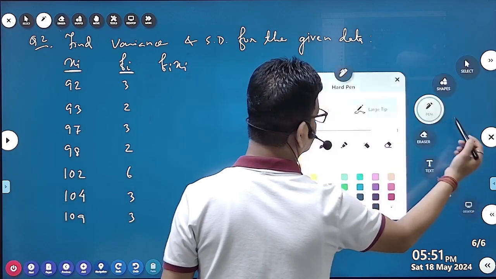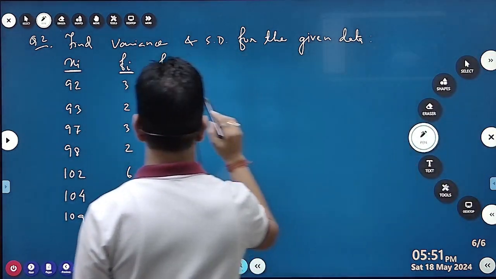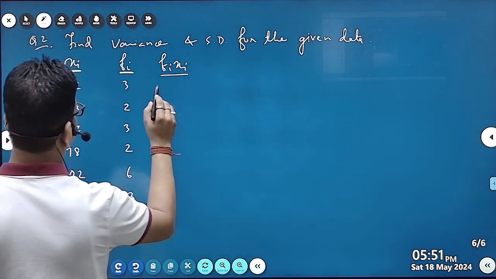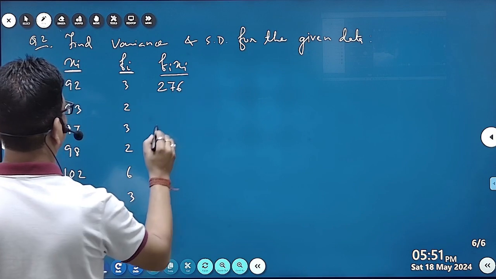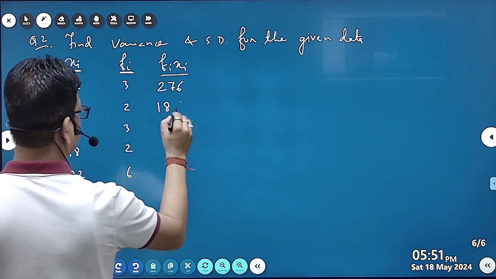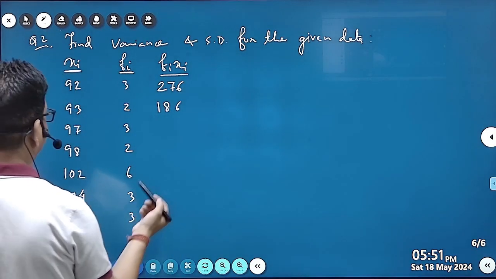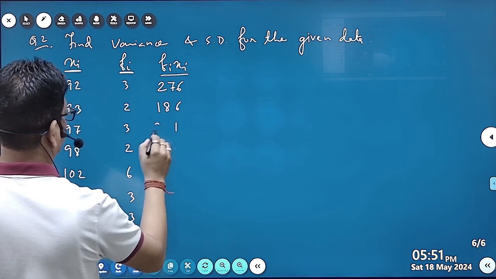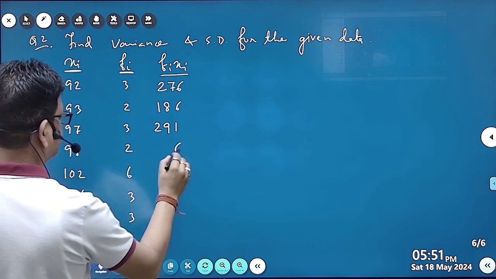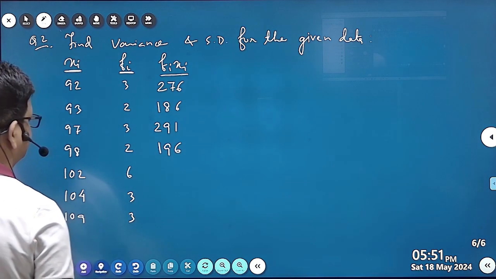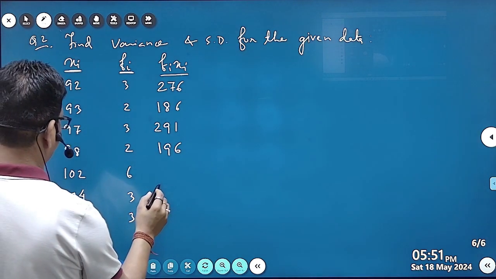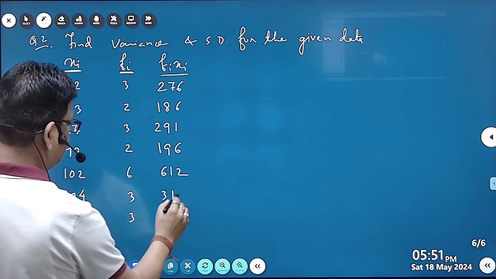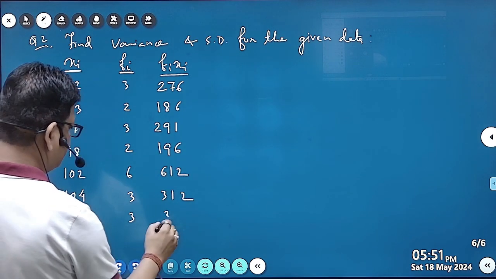Please do first. So this one will multiply. 92 into 3, so it will be 276. Correct me if I am wrong. So 186, then 21, 27, 29, then 6, 196, then 612, then this will be 312, this will be 320.